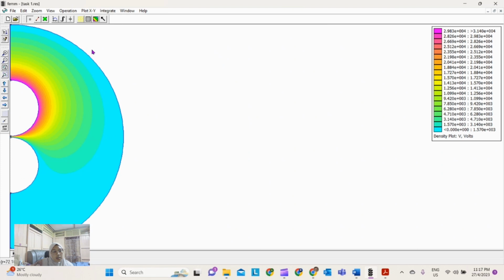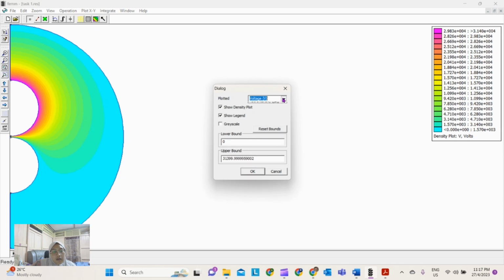As you can see, this is what we have got after we designed the problem. We need to find the electric field. Adjust it in here. We will choose the field intensity.